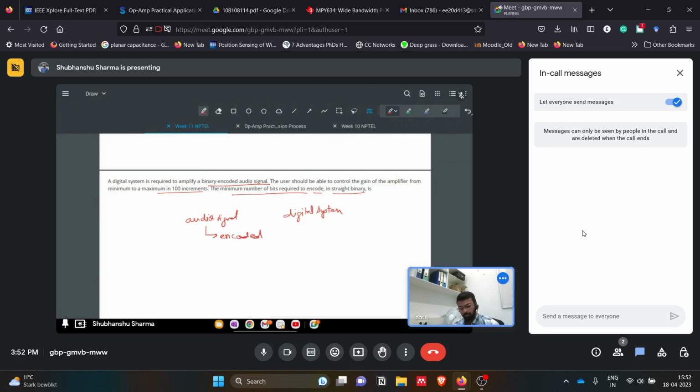So it says a binary encoded audio signal is required. This encoded signal is given to this digital system, which is acting as an amplifier. So it is basically amplifying this digital signal.